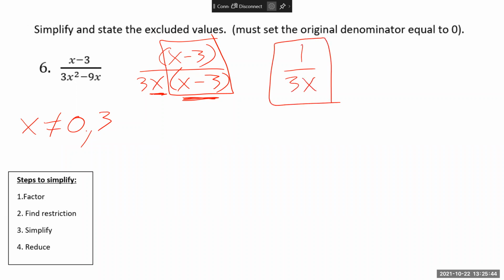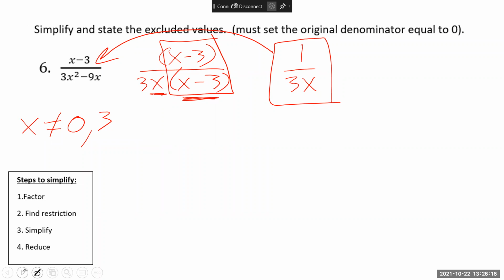Now again, even though now I could put 3 in and get 1 over 9, 3 is still an excluded value because it made my original function an error. And these are supposed to match. This, what I just found, is supposed to be a reduced form of this one. So anything that didn't work for the first one shouldn't work for this one. But that one's finished. Sorry. That is my answer and my excluded values.